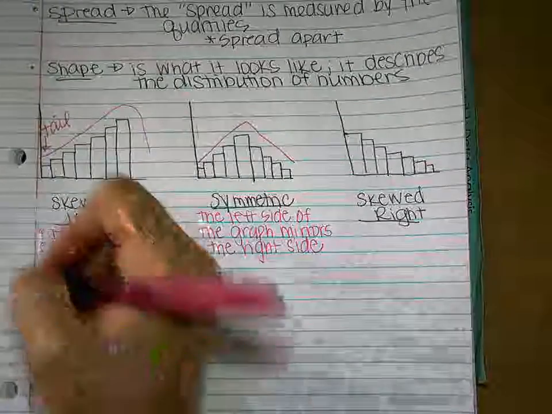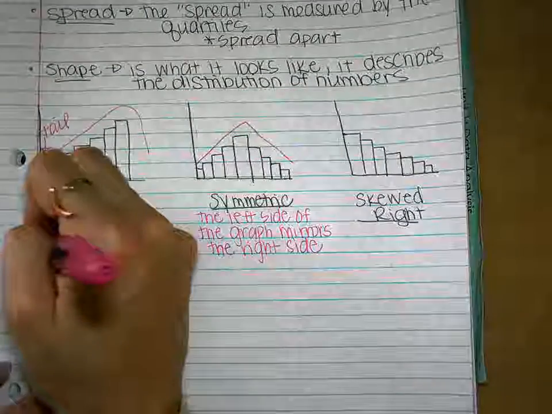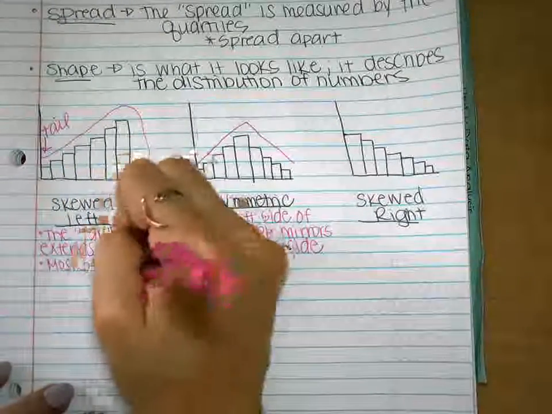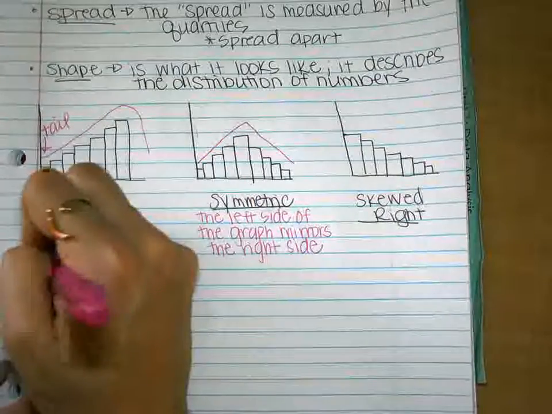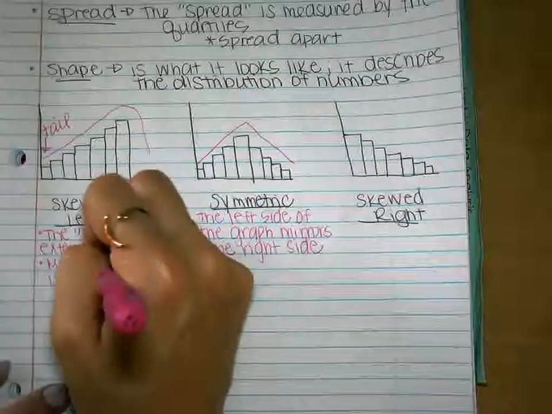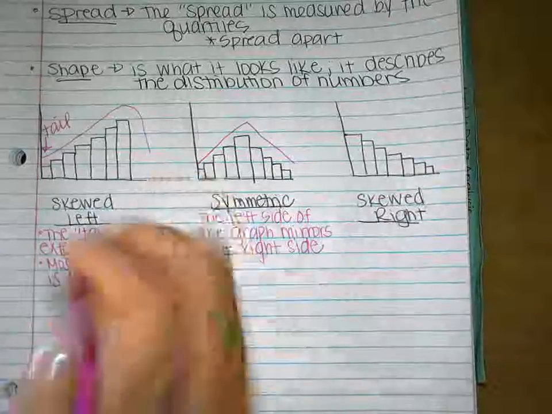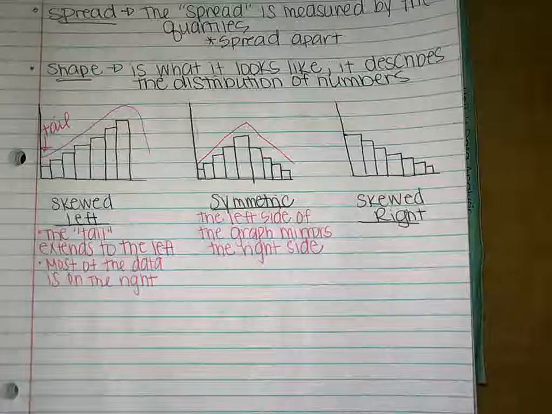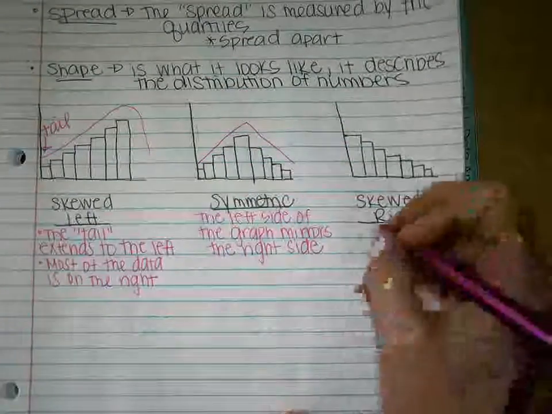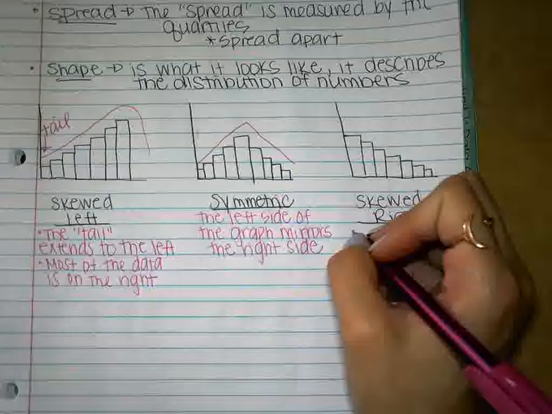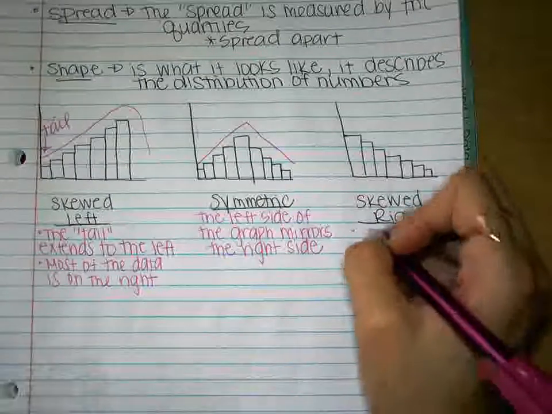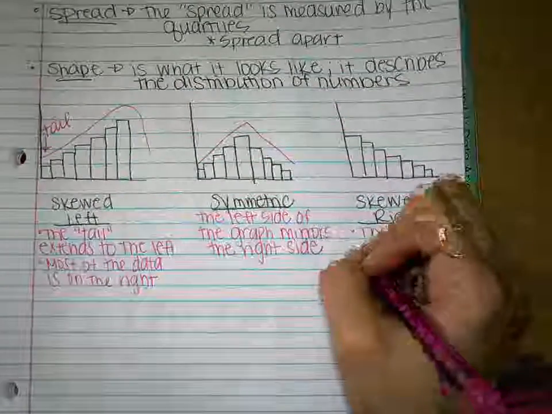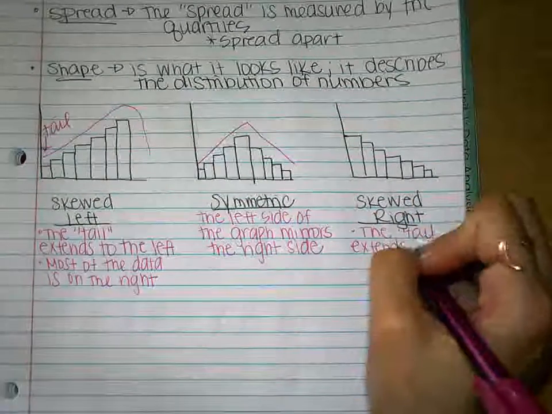So if the tail is on the left, that means most of the data is on the right. So it's like the opposite of what we think. So that means skewed right is the exact opposite. It means the tail extends to the right.